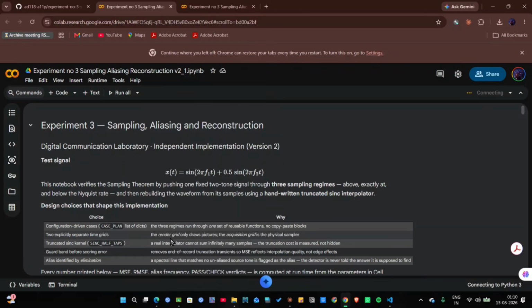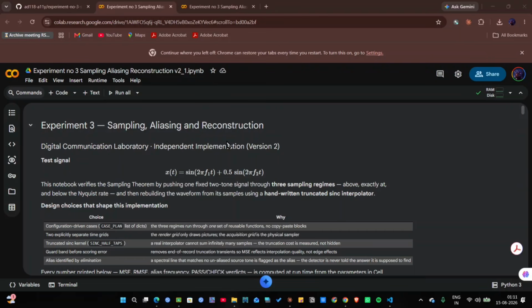In this video, we are experimentally verifying the sampling theorem using a two-tone signal. We will examine its behavior when sampled above, at, and below the Nyquist rate, and then reconstruct it using a custom sinc interpolator to see the effects.